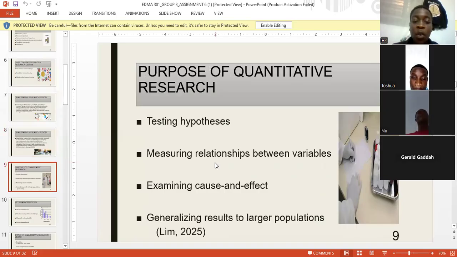Now, what's the purpose of a quantitative research? It's for testing hypotheses, to measure relationships between variables, to examine the cause of something and the effects of it, and generalizing results to larger populations. So, you pick a small sample, you make deductions from them, then you infer on the larger population.